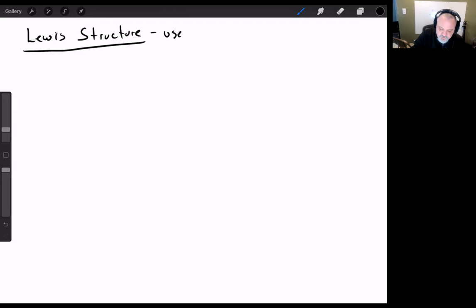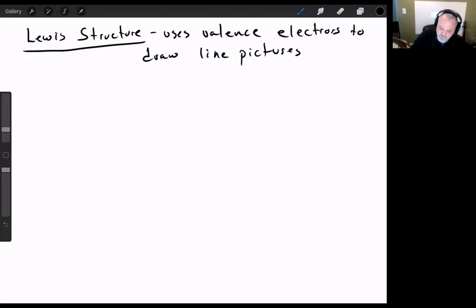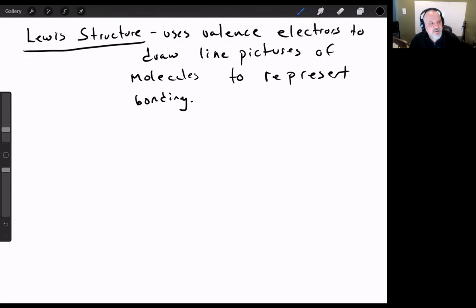It uses valence electrons to draw line pictures of molecules to represent bonding.